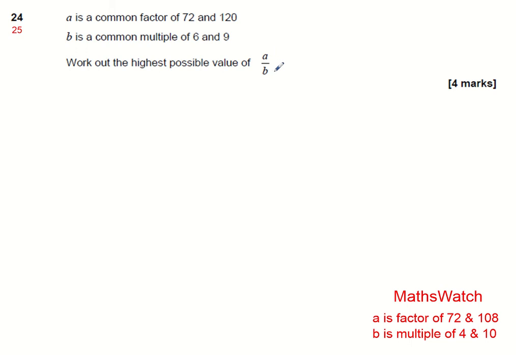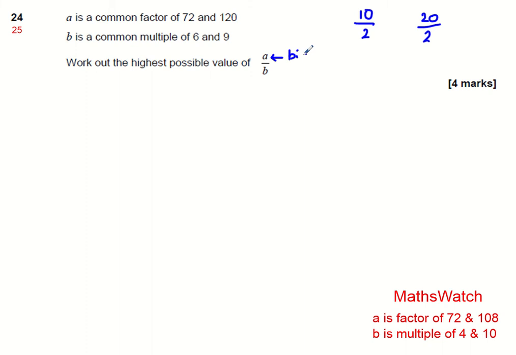So let's think of some different calculations so we can figure out what we need to work out. So if we look at 2 divisions here, if I do 10 divided by 2 and 20 divided by 2, which of those gives us a higher answer? Well, 10 divided by 2 is 5, 20 divided by 2 is 10, which means that we need to try and make the top number, this A, as big as possible.